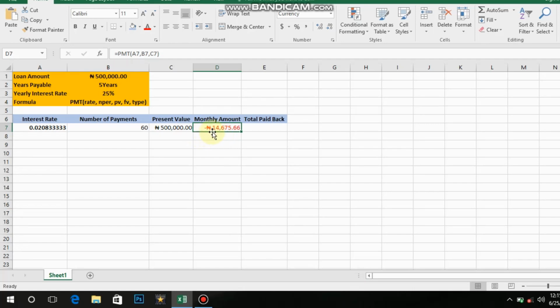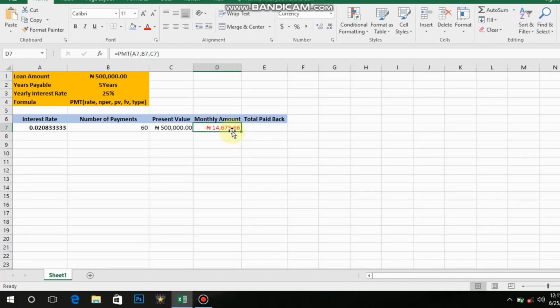What that indicates is that this is a debited amount. This is an amount that is being owed. Had there been no minus sign, that would mean the amount has been received. That minus sign indicates debit. This is the amount the person is expected to be paying every month.